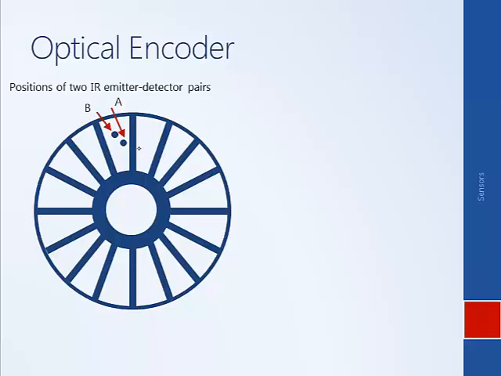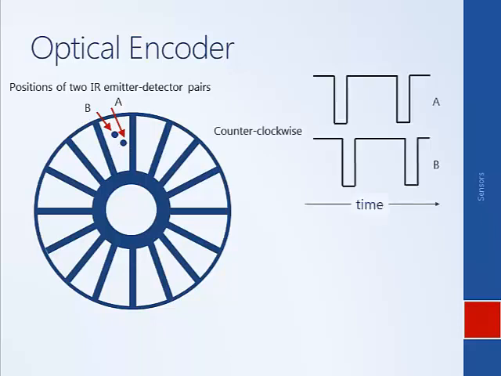We have two emitter detector pairs, one located at point A and one located at point B. When this disk is moving counterclockwise, what will happen is this material will block the pair at location A first and then the pair at location B second. And so when it blocks the pair at A, that channel will go low. Then subsequently the channel at location B will go low.